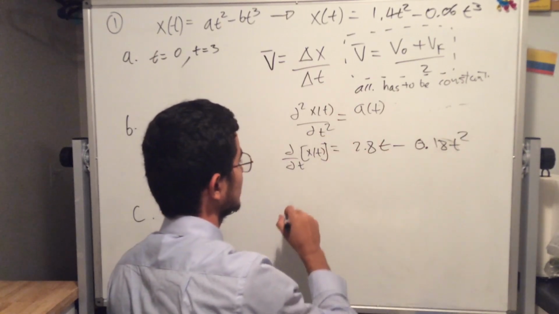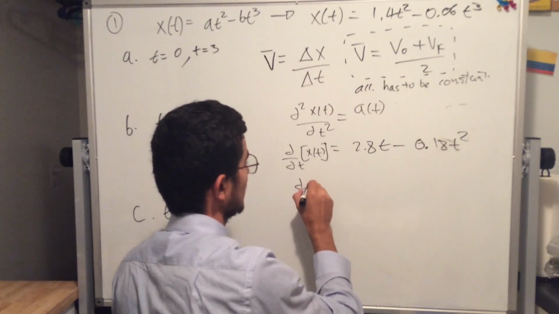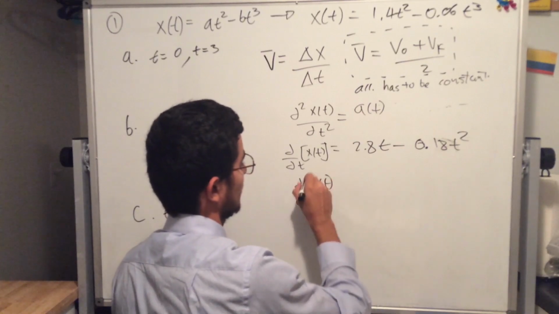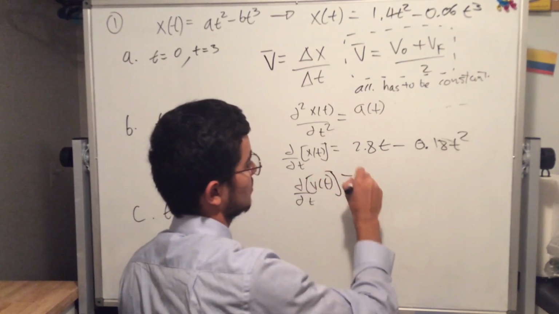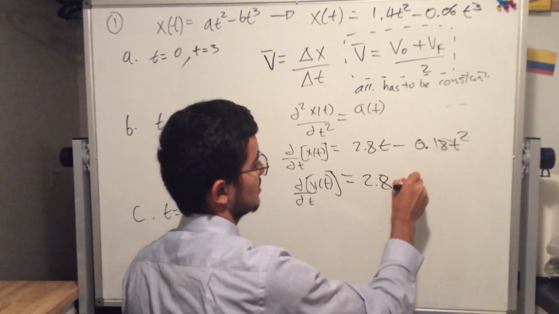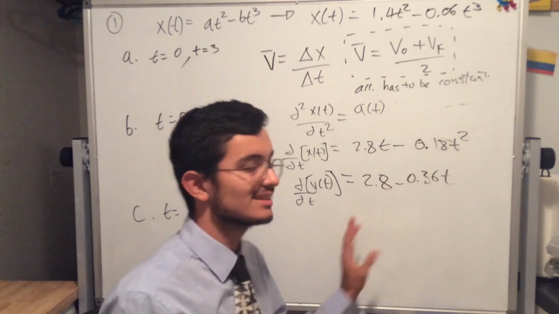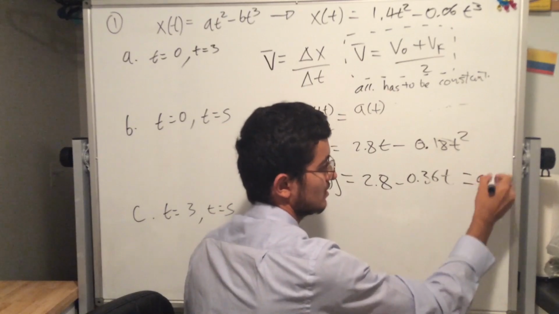So let's take another derivative, right? So d over dt of the velocity function that we just found out is going to be 2.8 minus 0.36 t. Now this is the acceleration function. This is a of t.